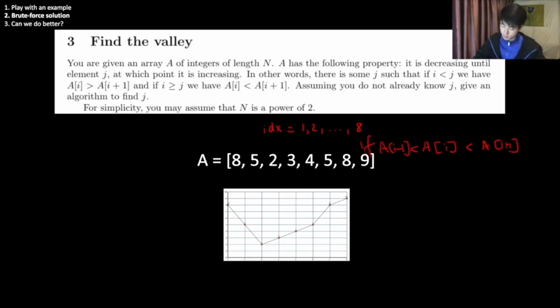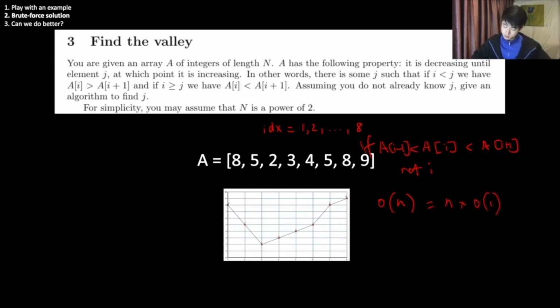If this is true, then we return i as the value. The runtime of this would be O(n), because you have n indices to iterate over, and each one takes O(1).